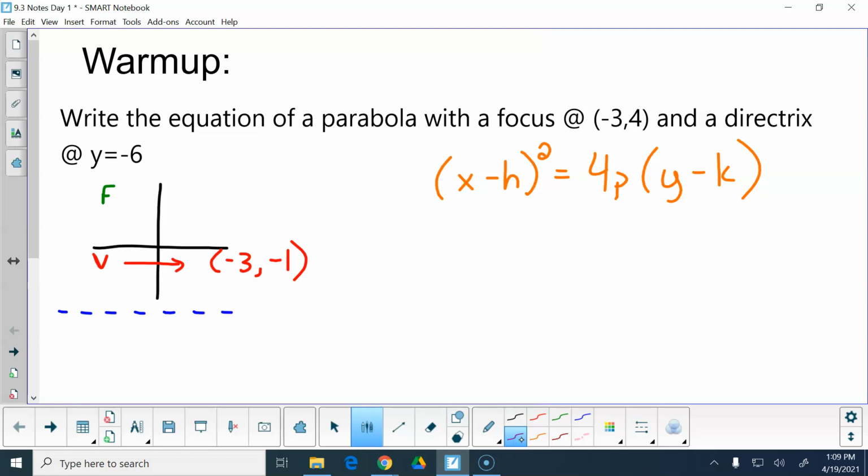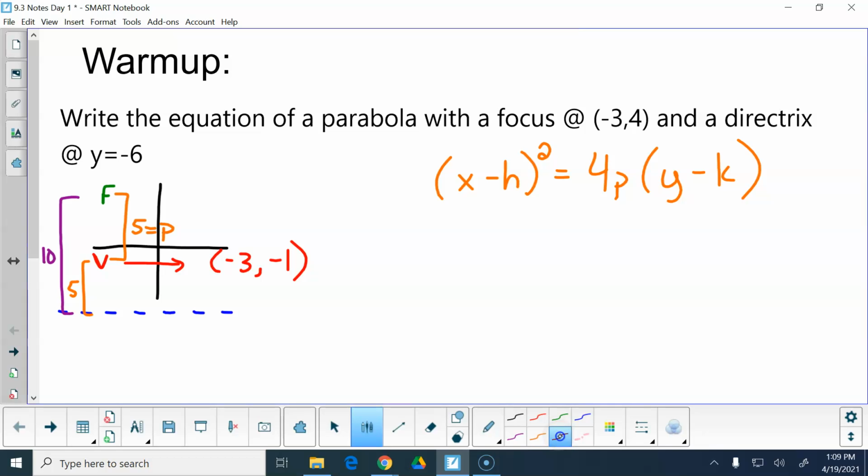The reason for that is there is a distance of 10 between the focus and the directrix, which means the distance from the vertex to the focus would be 5, and vertex to directrix would be 5. We've cut that distance in half. Which also means that 5 is our p value.